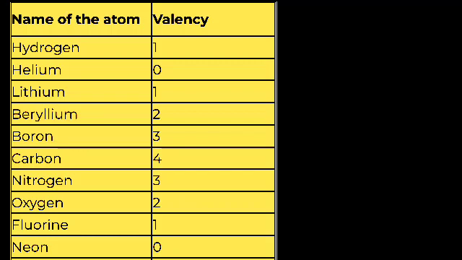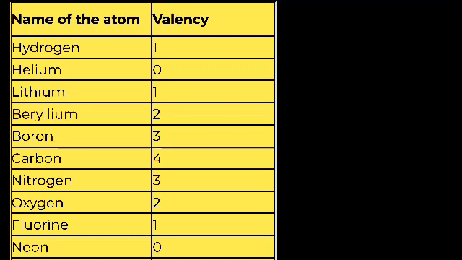Inert gases are very stable and do not react with other elements, that's why valency is 0. Lithium has valency 1, beryllium 2, boron 3, carbon 4, nitrogen 3, oxygen 2, fluorine 1, and neon 0. Neon is also an inert gas. These are the valencies of elements from 1 to 10.